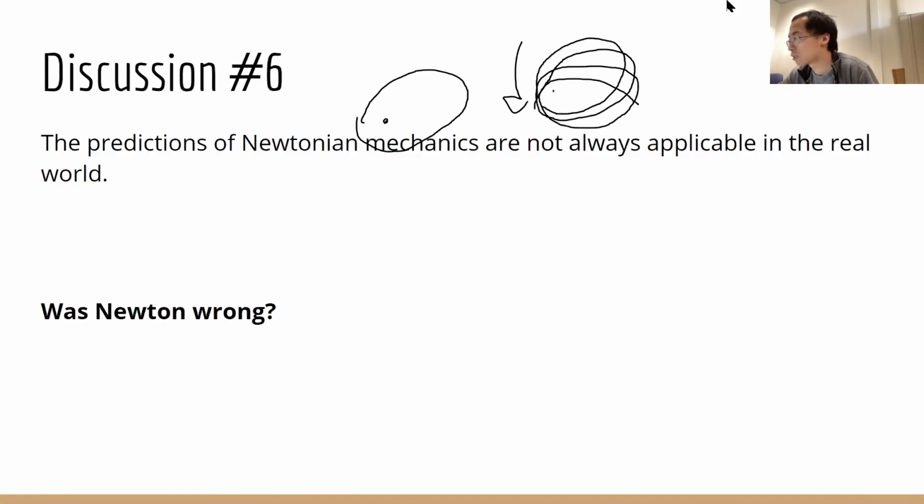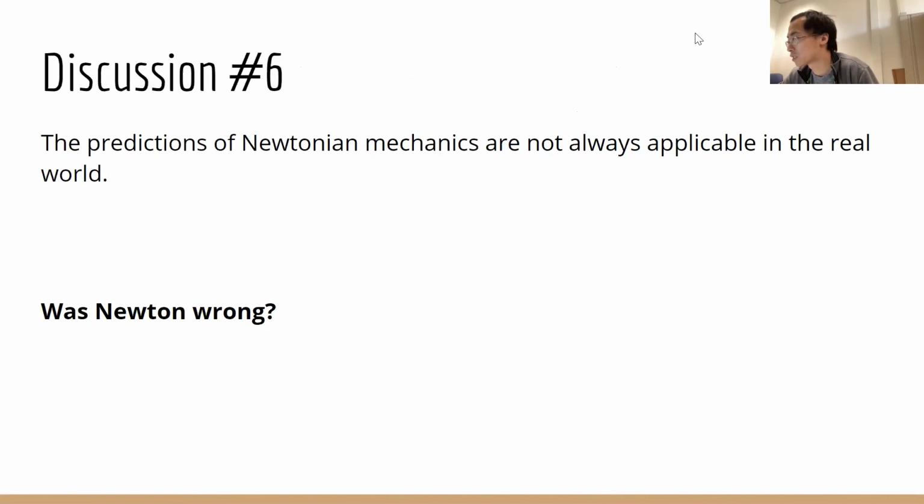So in this final discussion question, I want to ask a philosophical question. Unlike before, there isn't a right or wrong answer to this question, but the question is prefaced by the following statement. The predictions of Newton's gravitational theory are not always applicable in the real world. They describe things that we're used to, like falling apples and planets, pretty well.